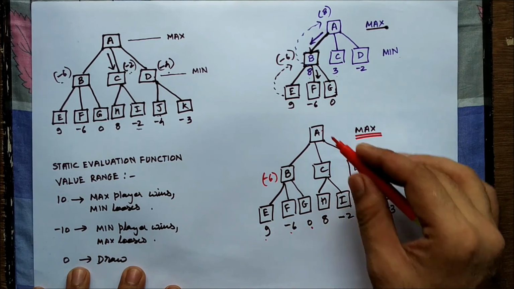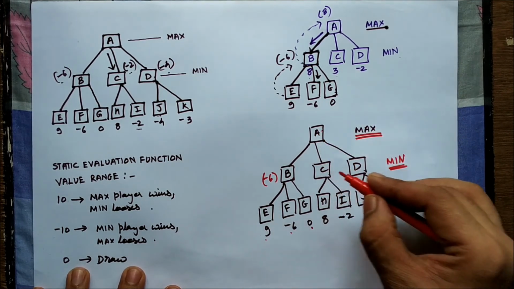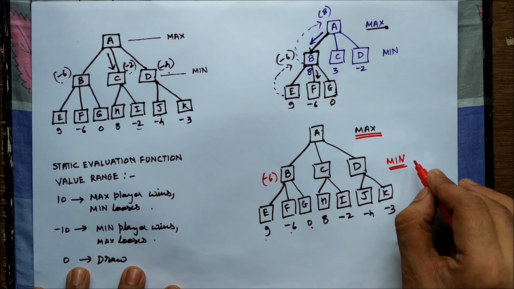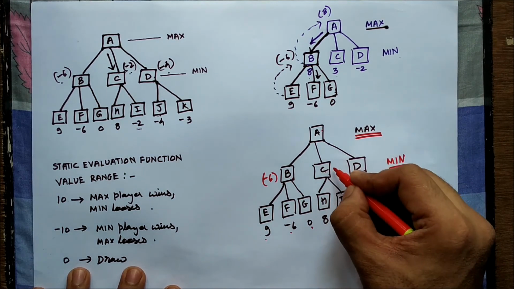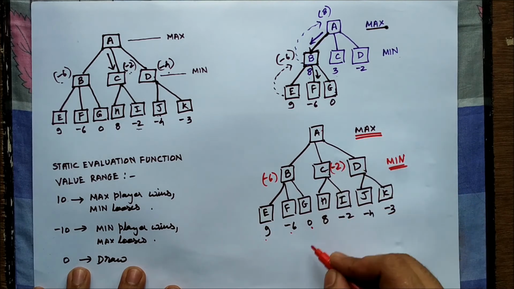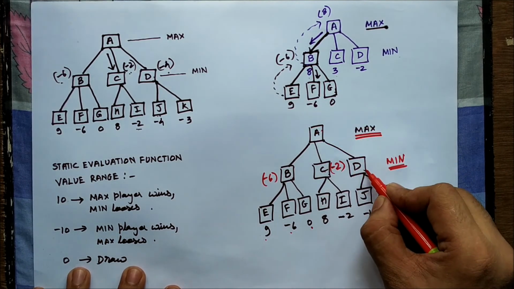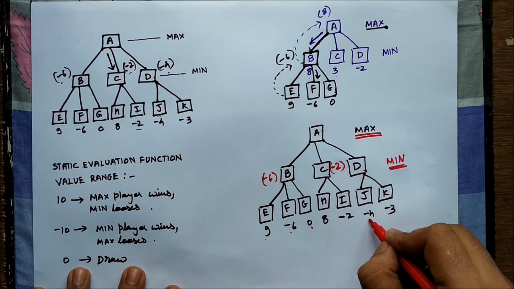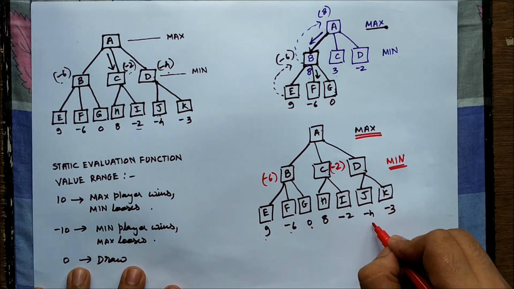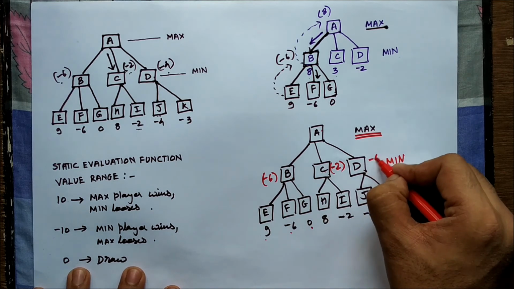Then the max player says, what if I choose this node? Out of 8 and minus 2, the min player is going to give me minus 2. Then, if I select this node, out of minus 4, minus 3, the min player will select the minimum, that is minus 4.